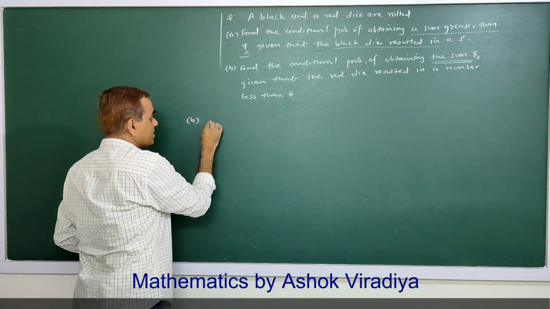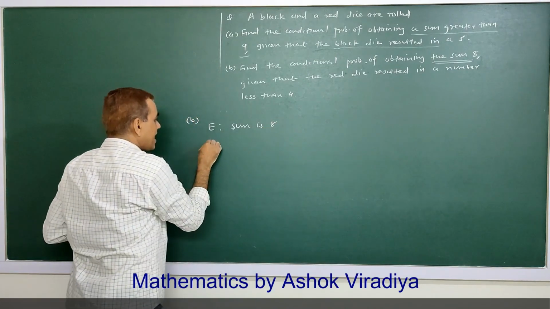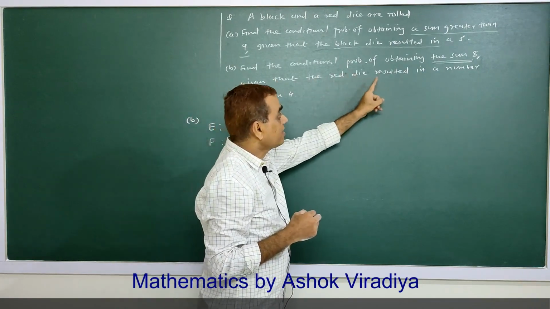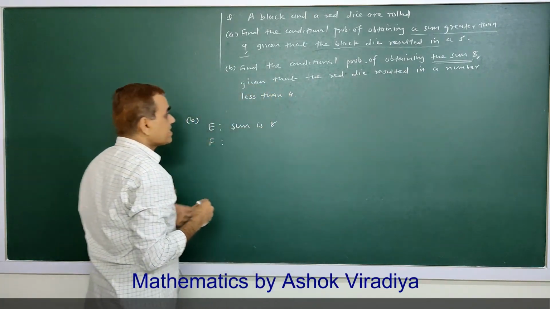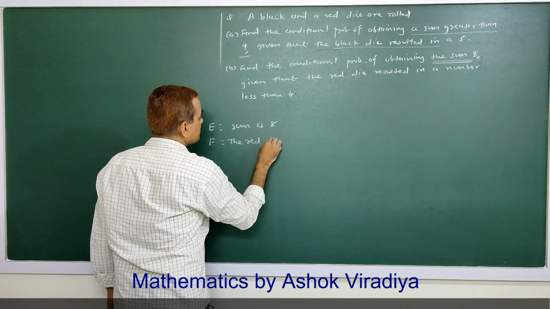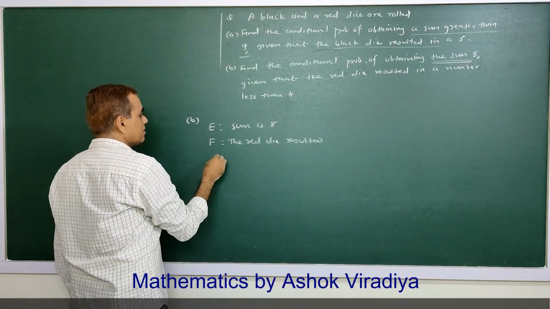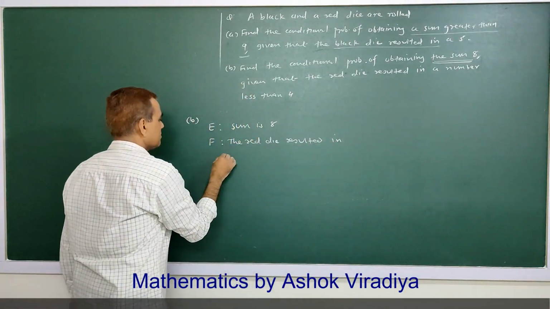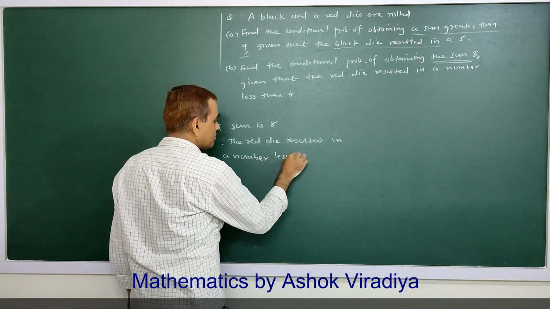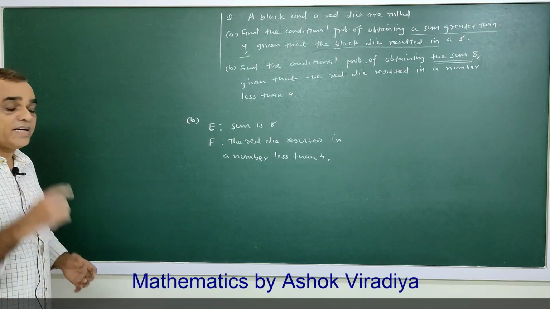So let E be the event that the sum is 8, and F be the event given, that the red die resulted in a number less than 4. Red die, that is the second die.